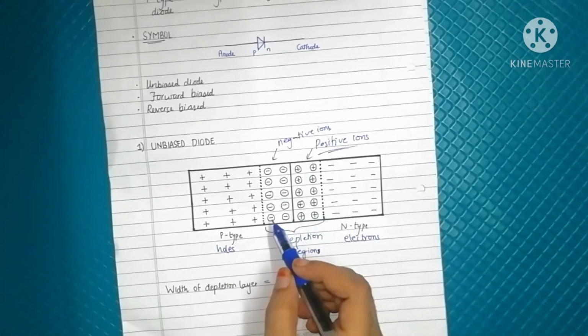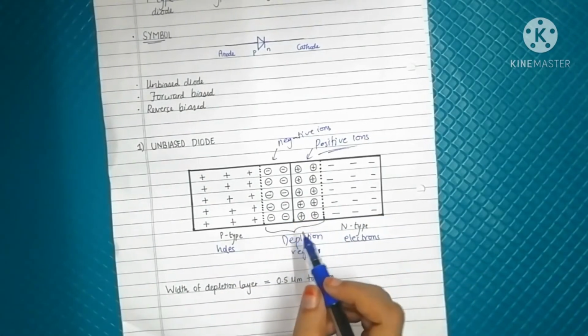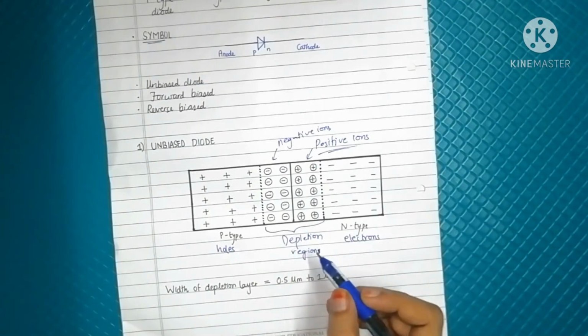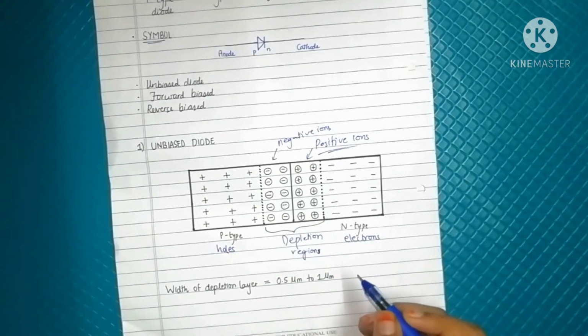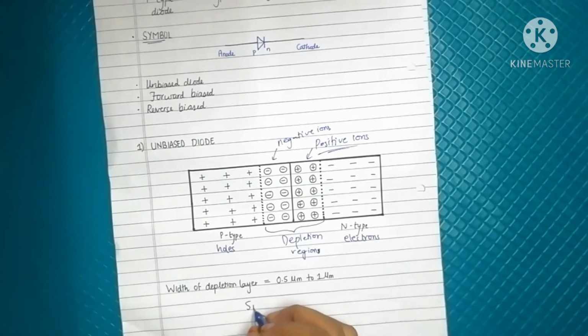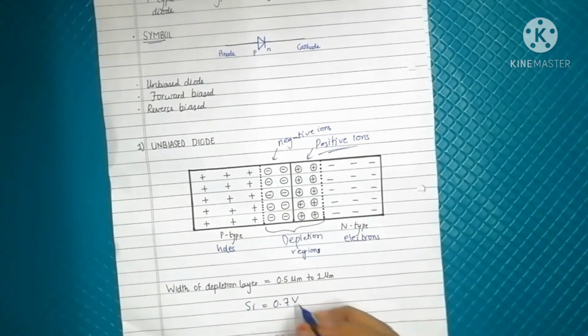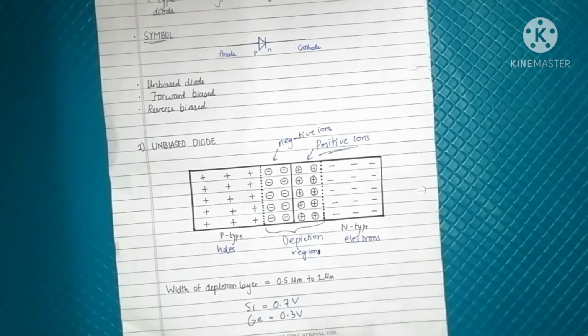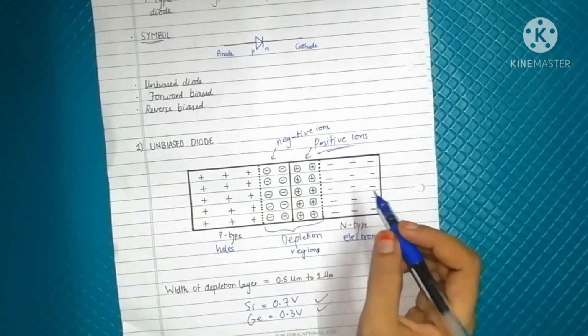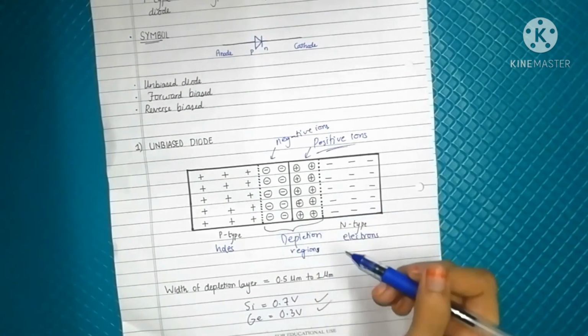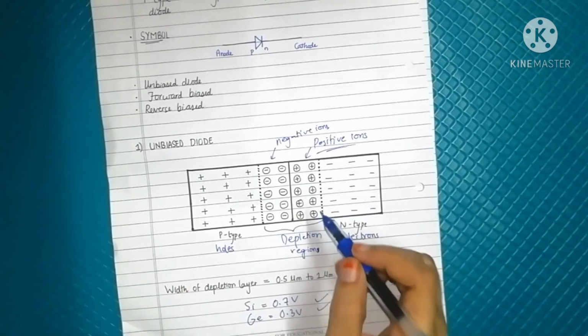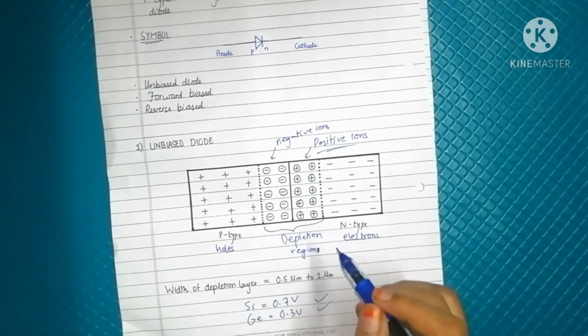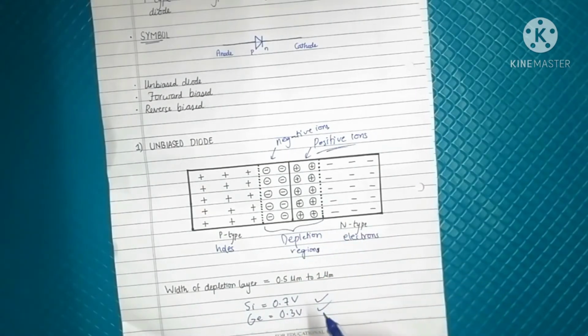Whenever an electron from N side wants to go towards the P side, then it needs to cross this barrier, and in order to cross this barrier a potential is required which is called as barrier potential, and for silicon the barrier potential is 0.7 volts and for germanium it is 0.3 volts. So whenever this potential is reached, then the majority charge carriers can pass through the depletion region easily, or the resistance that is offered by this depletion region becomes negligible when this amount of voltage is reached.